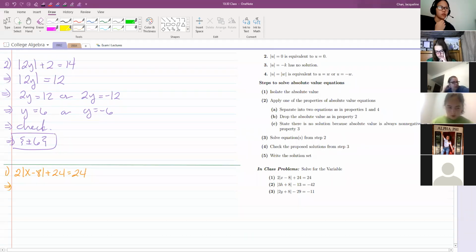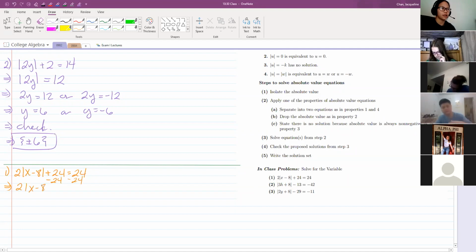So in this equation, I have 2 times the absolute value of x minus 8, plus 24 is equal to 24. So what do I do first? Subtract 24. Yeah. Our goal is to isolate the absolute value.